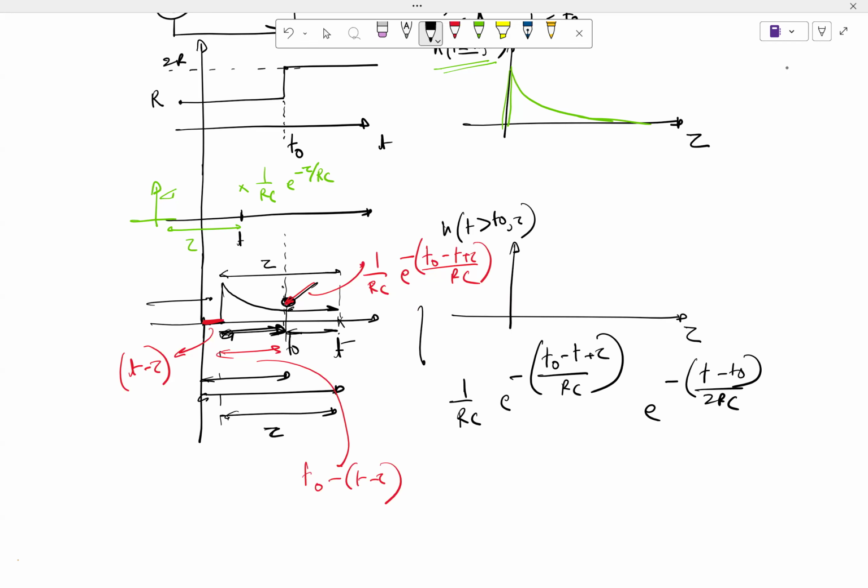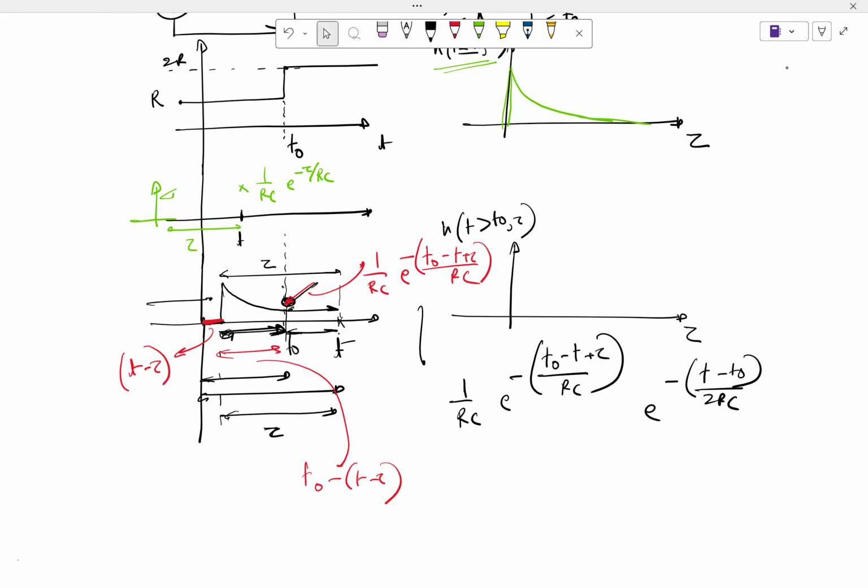In both the cases, like T greater than T naught and T less than T naught, tau will be different, right? We are taking tau as a one time instant. No, tau is not the time instant. Tau is the difference between the observation time and the application time. I apply an impulse and I am observing the effect that happened tau before.